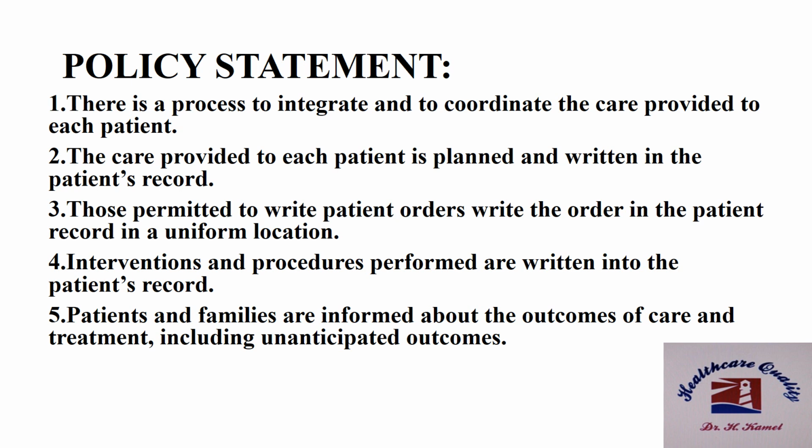Those permitted to write patient orders write the order in the patient record in a uniform location. Number 4. Interventions and procedures performed are written into the patient's record. And number 5. Patients and families are informed about the outcomes of care and treatment, including unanticipated outcomes.